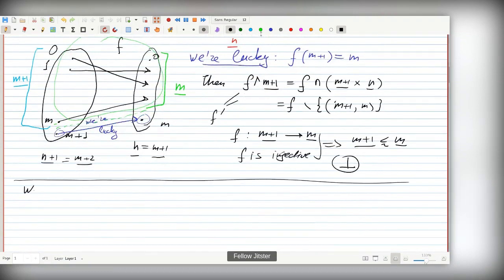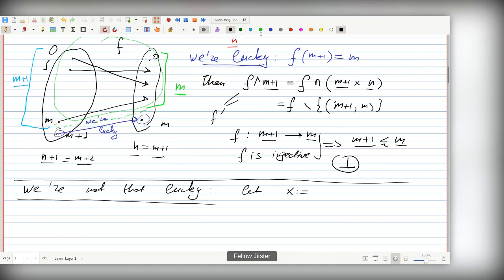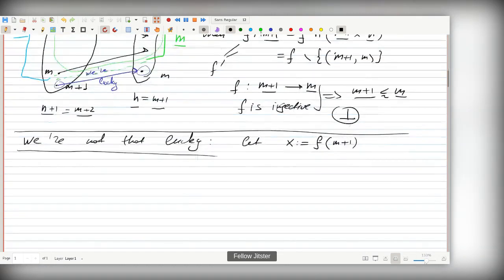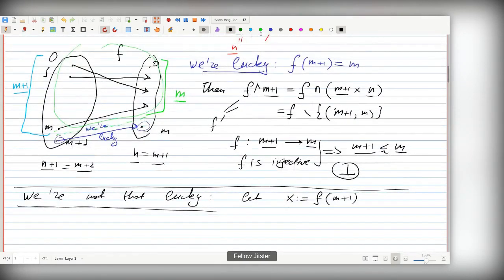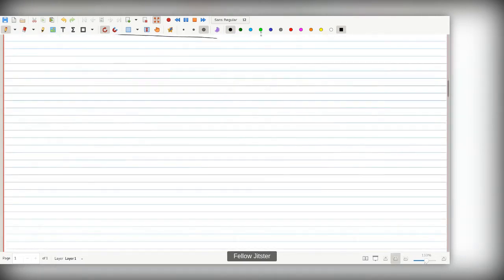Let us consider this general case. We are not that lucky. So let x, whatever, be the value of f at our last point m plus 1. And now I'll show how one can reduce this general case to the case we have already considered.